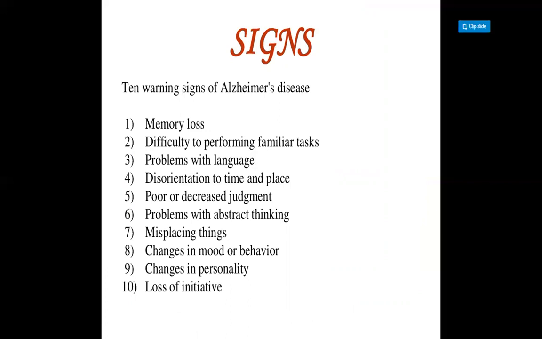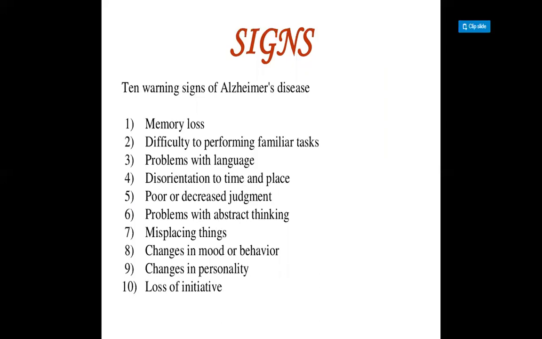The patient complains of memory loss, meaning the previous memory is lost. Then difficulty performing familiar tasks, meaning the regular tasks the patient performs daily become difficult for the patient.